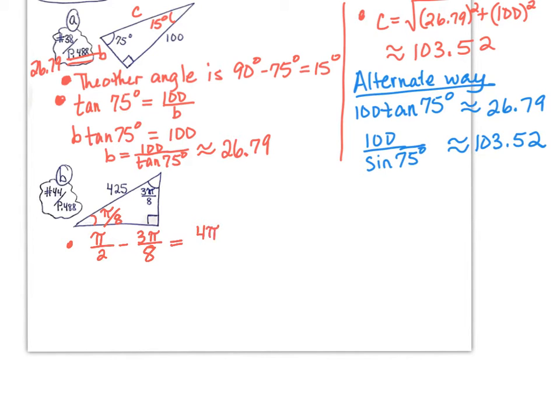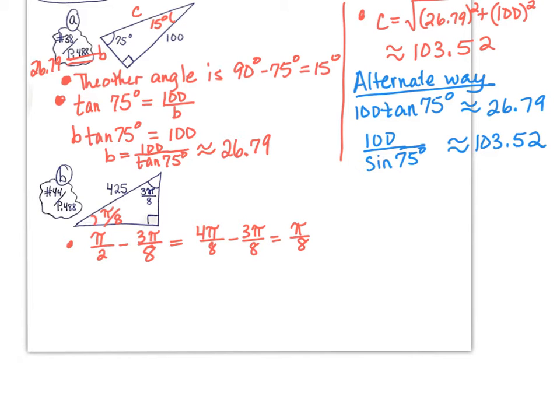So that's the same thing as 4 pi over 8 minus 3 pi over 8, which is pi over 8. So that's the missing angle. Because remember, this is 90. These two need to add up to be 90. So to find this one, you can take 90 minus this, so pi over 2 minus this, and that'll give you pi over 8. Does that make sense? Okay. So that's your missing angle.